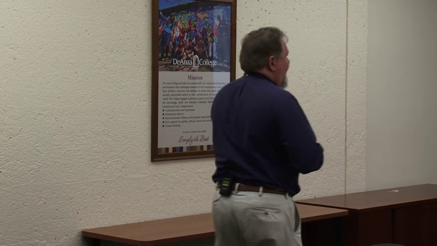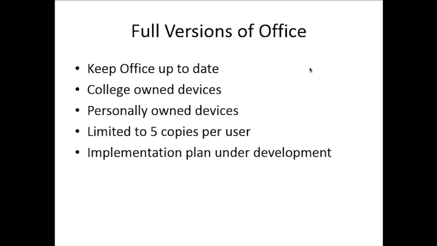So there's some very nice components of that. Again, we're probably going to roll this part of it out along with the desktop synchronization, because that's really what makes it work exceptionally well. So we're still working on that implementation plan.